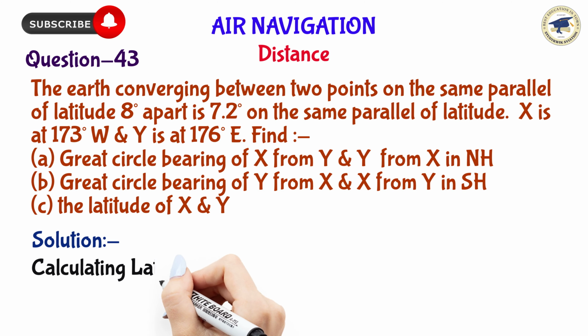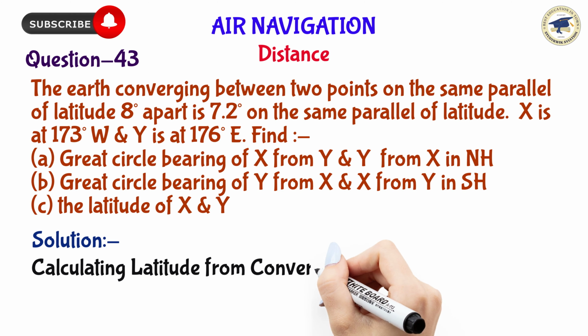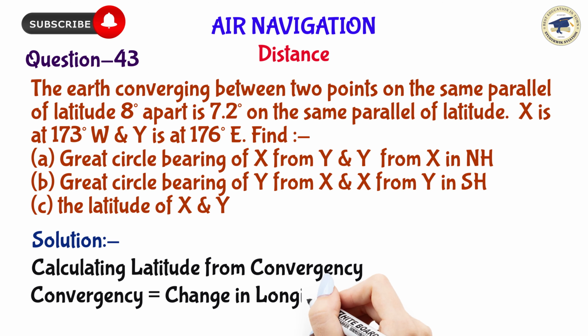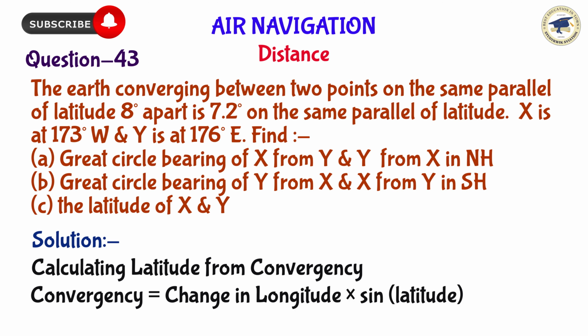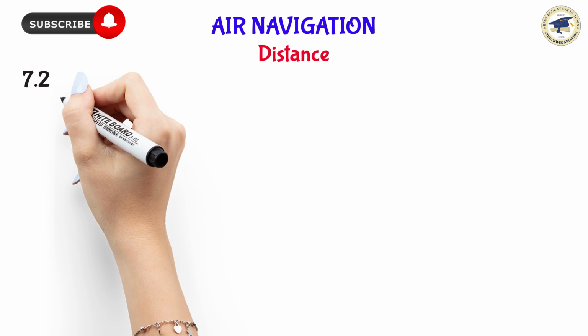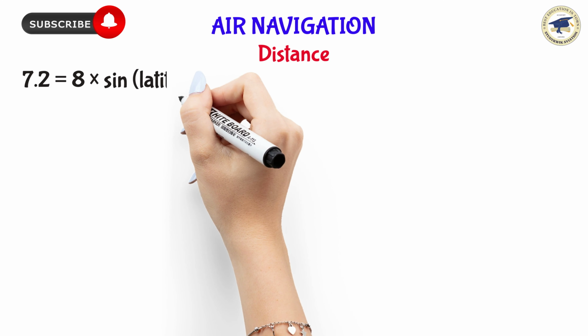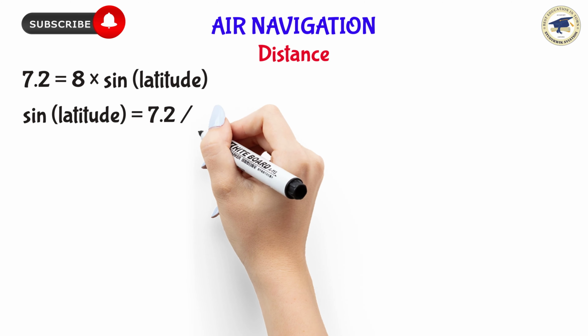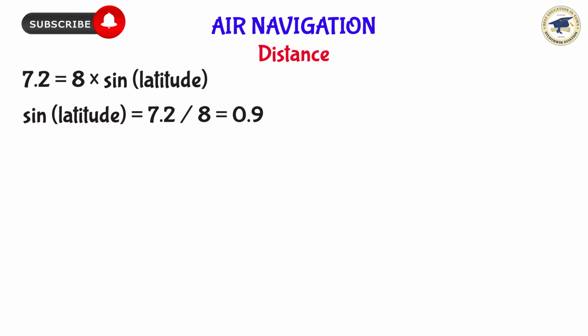First, we will calculate latitude from convergency. We know that convergency is equal to change in longitude multiplied by sine latitude. 7.2 equals 8 times the sine of latitude. To find the sine of latitude, divide 7.2 by 8, which equals 0.9.